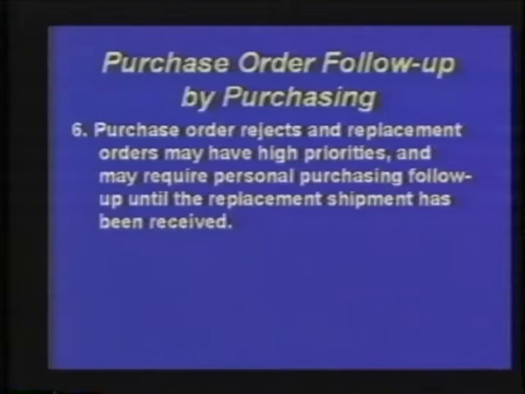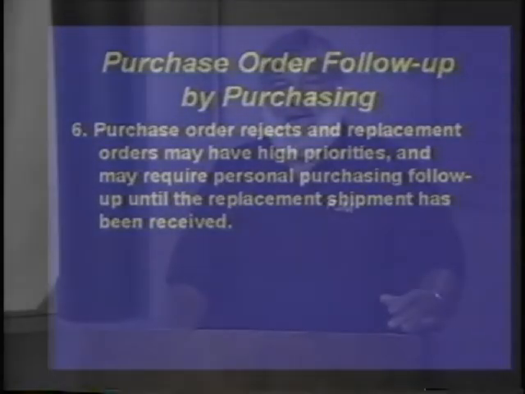The purchase order rejects and replacements should have the highest priority within the purchasing system, and there must be immediate follow-up between purchasing and the supplier to try and get the most comprehensive ship date from the supplier, and it may require the replanning and scheduling of planned maintenance work orders, and all of those issues are addressed in item number 6.